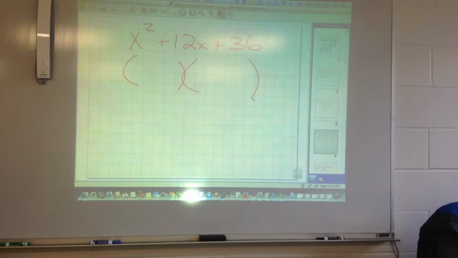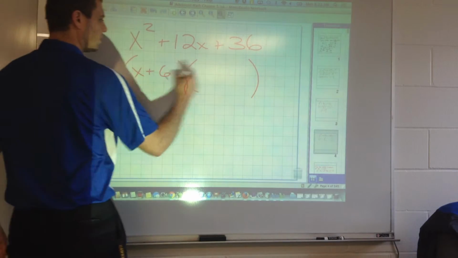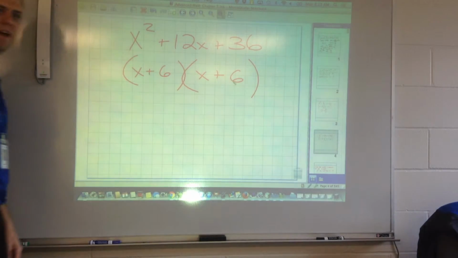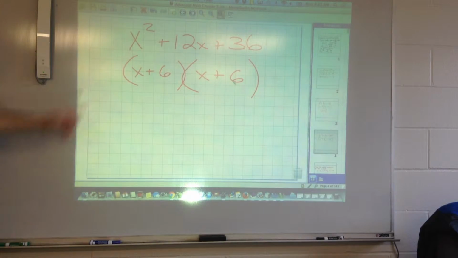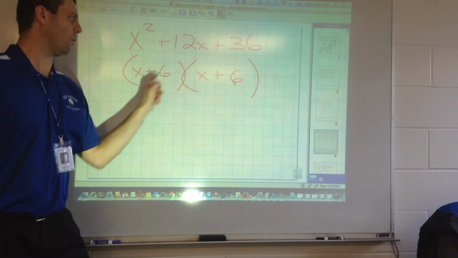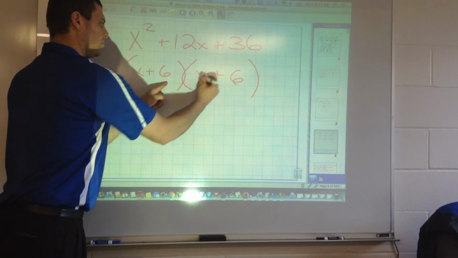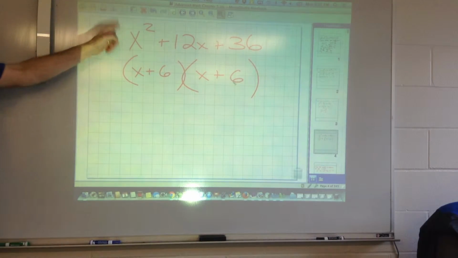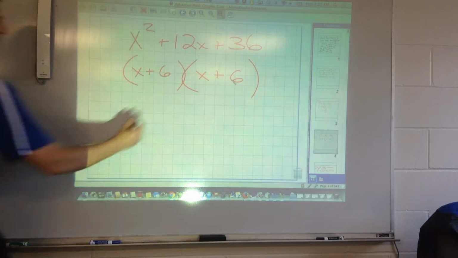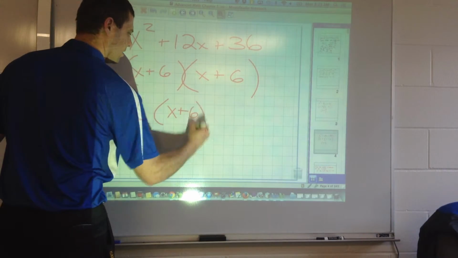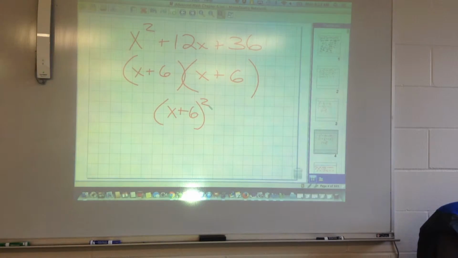Positive 6 and positive 6? Yeah. So x plus 6 and x plus 6 are my two factors. Because if I multiply this back out, I get x squared plus 6x plus 6x plus 36, which equals what we had up here. So this is a perfect square: x plus 6 quantity squared.